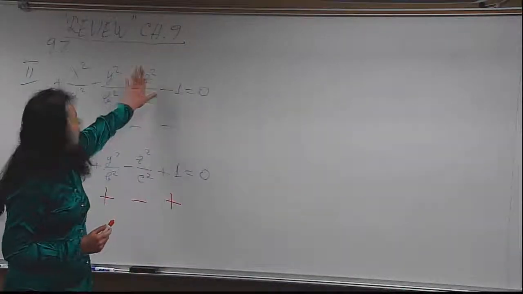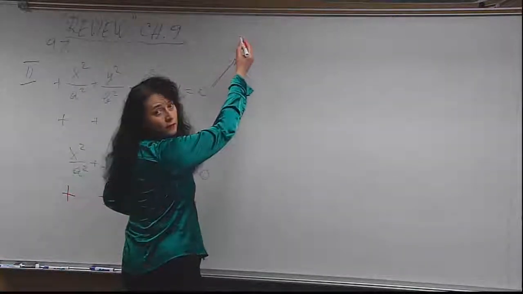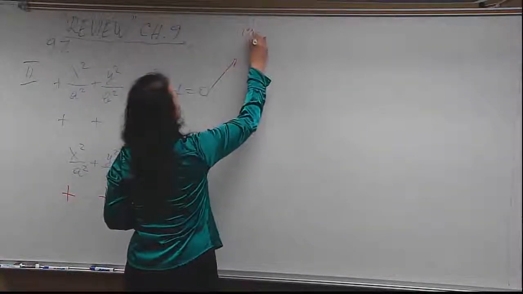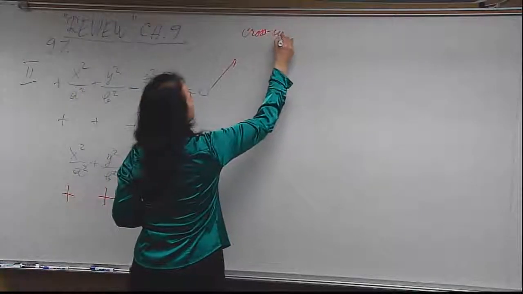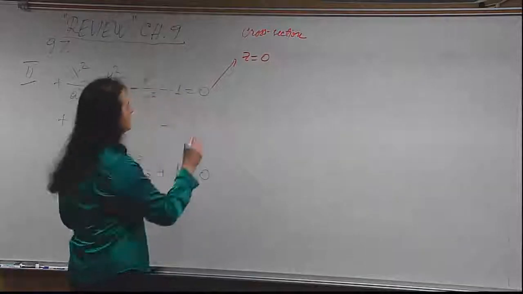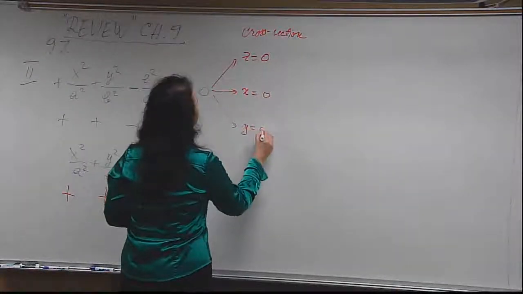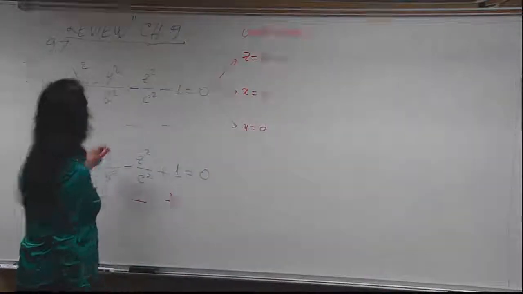Let's see what we are going to have. The magic thing is to look at cross-sections. Does the video see me? Cross-sections, magic ones. z equals 0 is one of the most important ones, and then x equals 0, and then y equals 0. Let's see what those cross-sections will be.